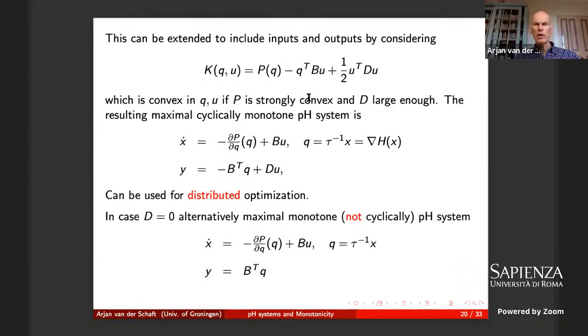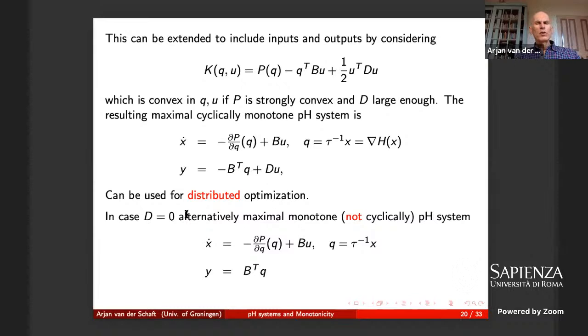We can also include inputs and outputs. For instance, if you want to do distributed minimization, so if you have several interconnected minimization problems, then you could add to P terms like this, and then you can consider cyclically monotone port-Hamiltonian systems like this.